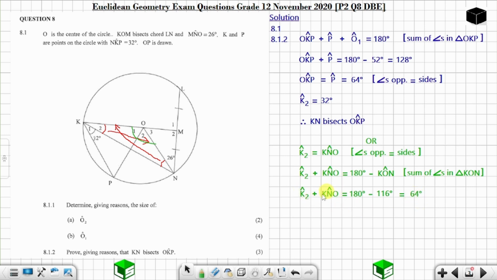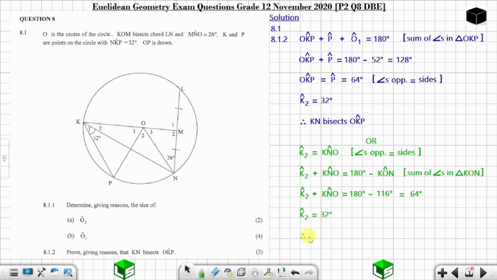To find each angle, you divide by 2 because the two angles are equal to each other. So angle K2 is equal to 32 degrees.